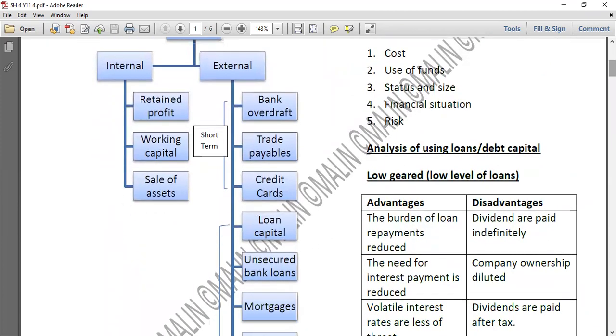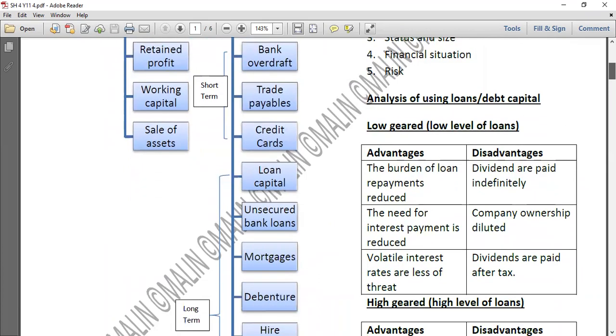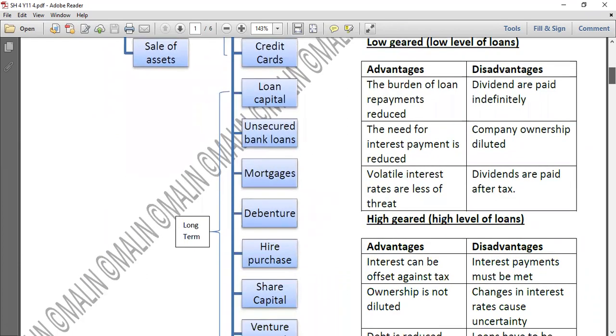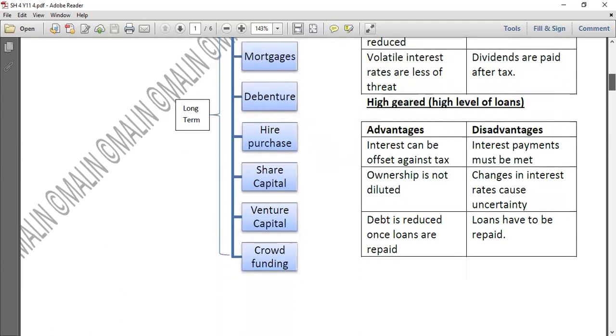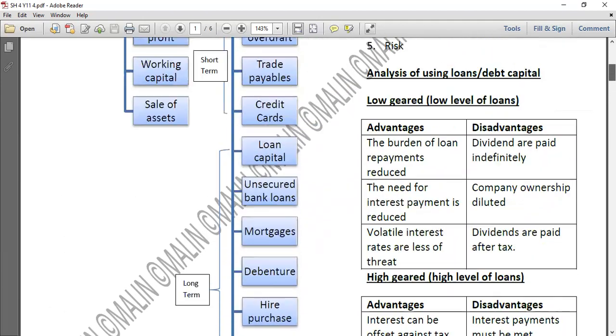Internal sources of finance: retained profit, working capital, sale of assets, right? And external funding: bank overdraft, trade payables, credit cards are short-term methods of external financing. We talked about long-term methods like loan capital, unsecured bank loans, mortgages, debentures, hire purchase, share capital, venture capital, crowdfunding. We talked about these one by one.